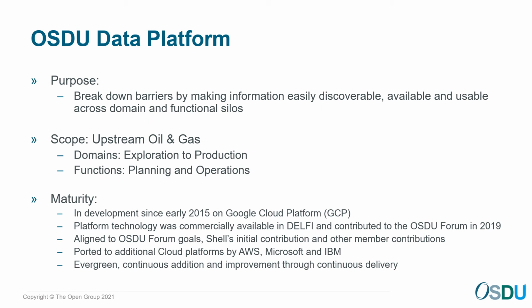The original purpose for the technology development around the OSDU Data Platform, or certainly in the code that was contributed to the OSDU Data Platform, was to break down barriers by making information discoverable, available, and usable across domain and functional silos. It was not developed specifically in the space of subsurface measurements. It was actually developed to address the needs of upstream companies.